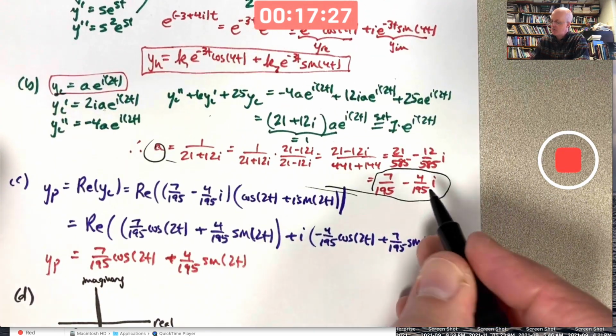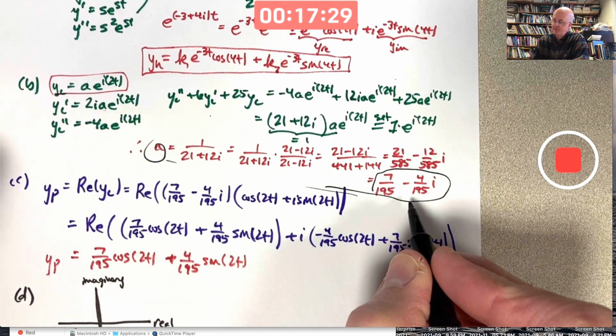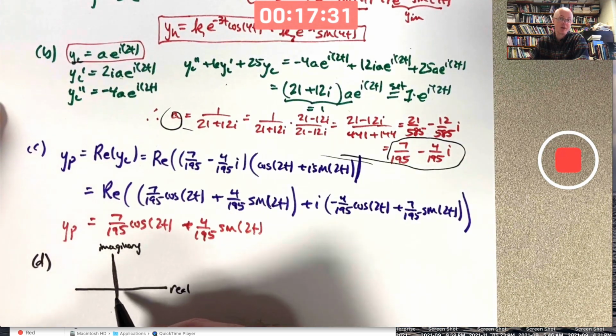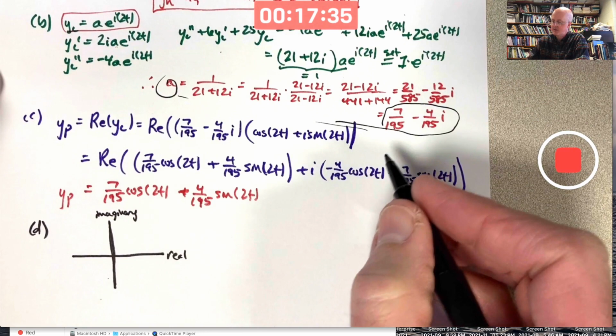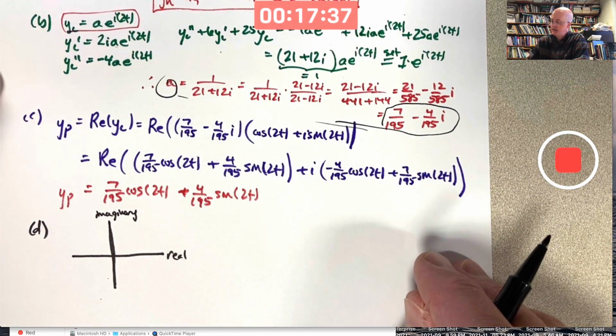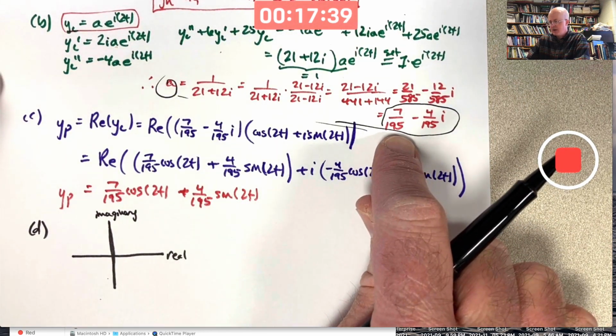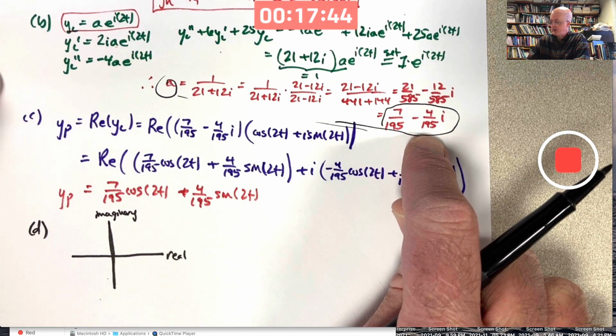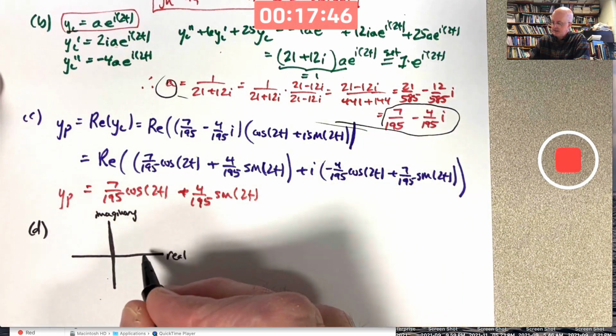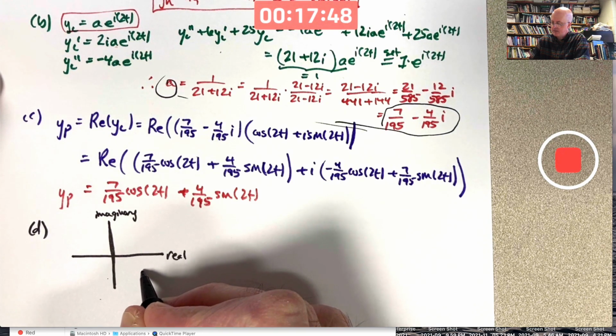Of course, this number is pretty close to the origin. On that kind of scale, you're going to be able to barely distinguish it from the origin. So I have to imagine expanding the scale so that 1 is kind of far away from the origin. So 7 over 195, the real part of this, is positive, and the imaginary part is negative 4 over 195. So something, say, right about here.